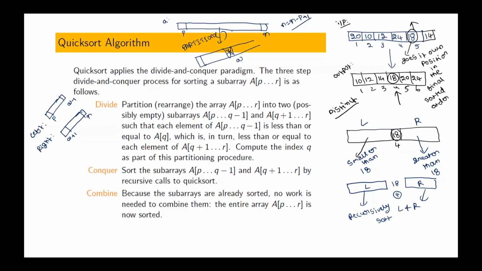There are different partition procedures in the case of Quicksort. Hoare partition is one. This quicksort algorithm was invented by Tony Hoare. I think at that time he was only 23 years old, if I remember correctly. He was a visiting student at Moscow State University, Russia.